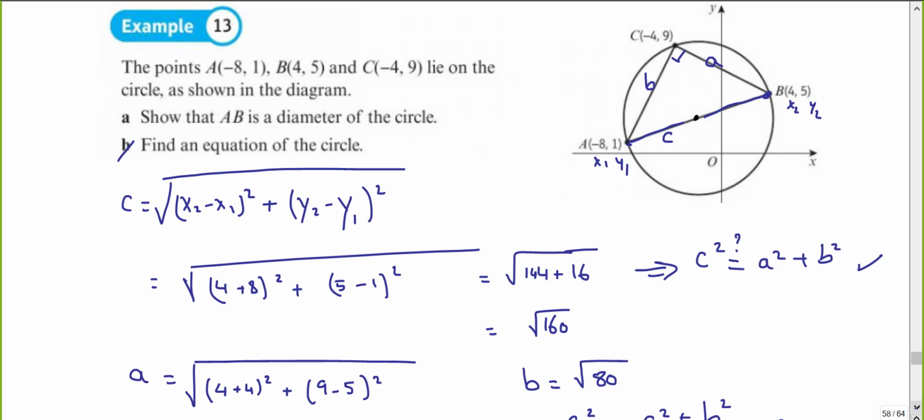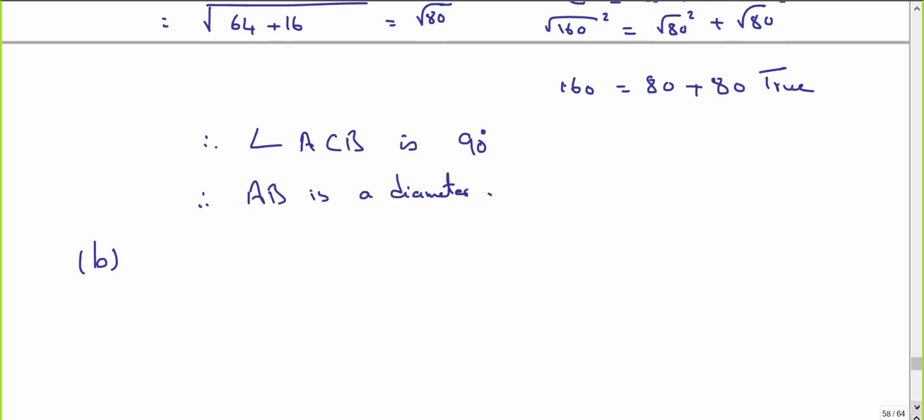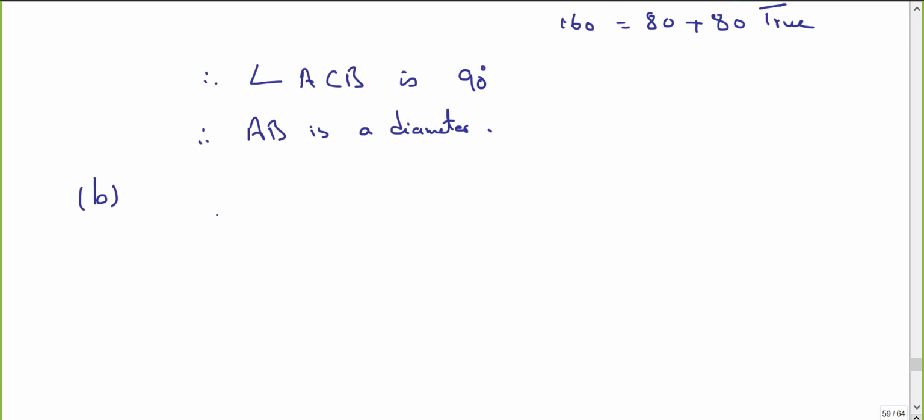Sorry, no. What was it again? What's the equation of the circle? You don't know the equation of the circle, Adam?